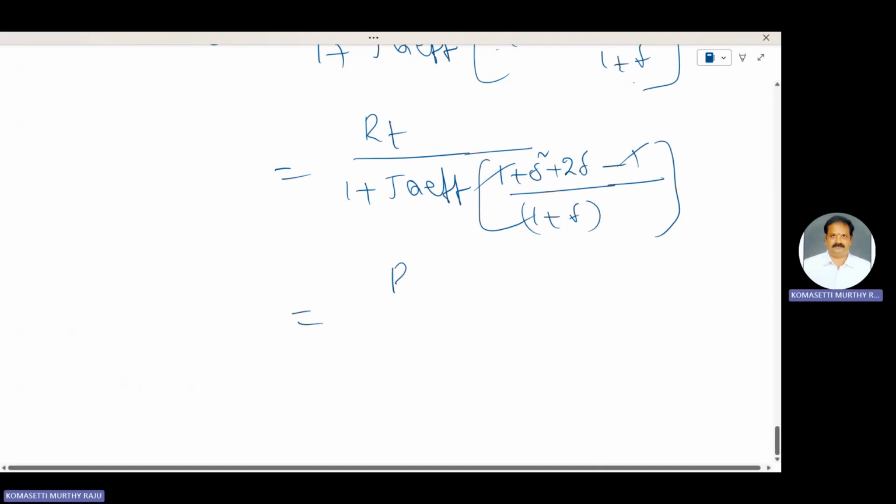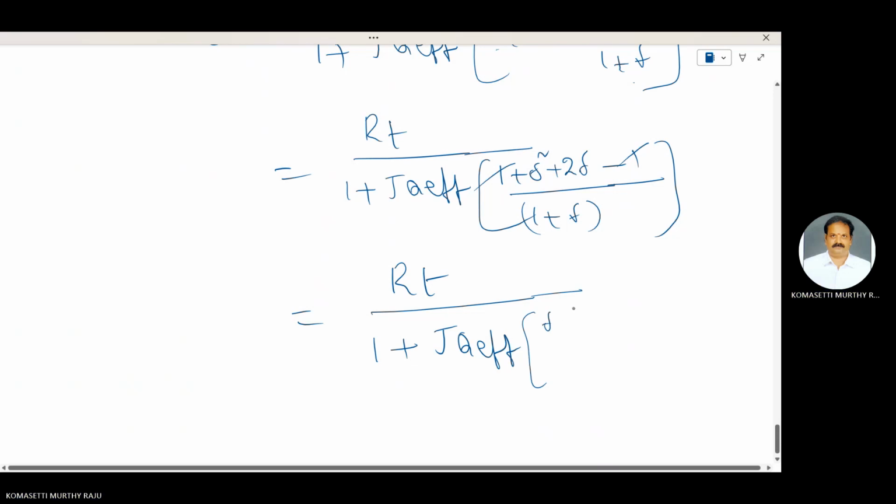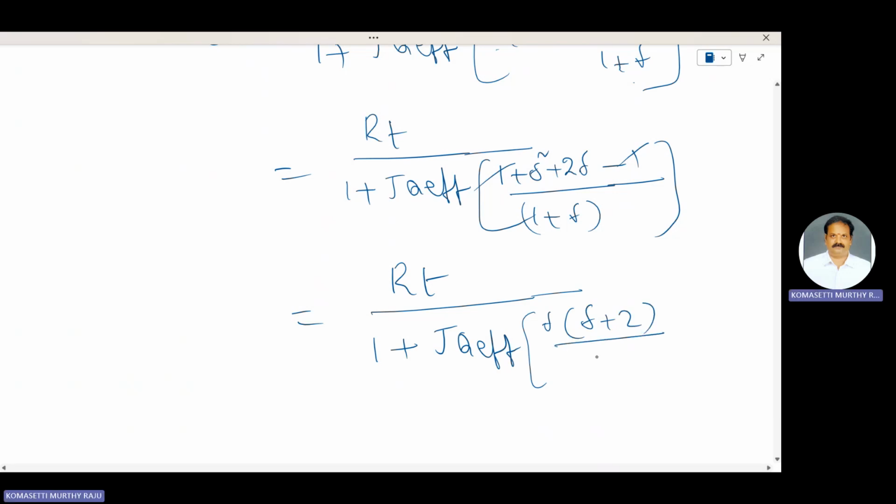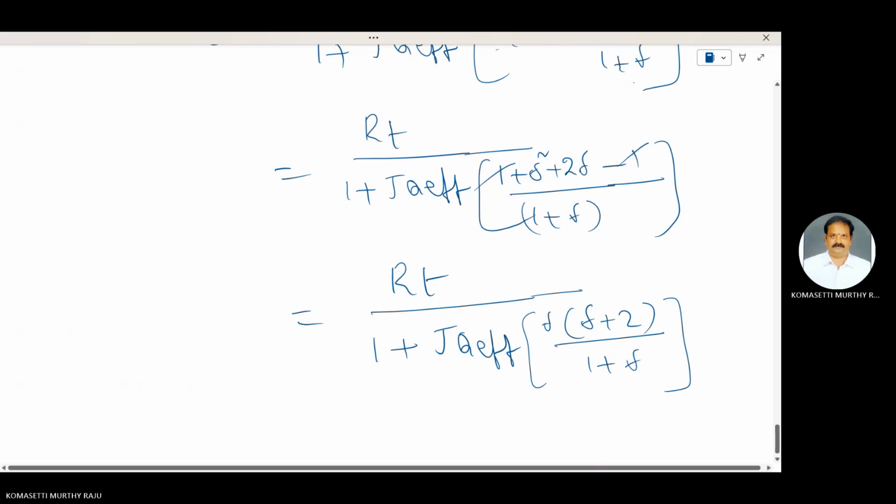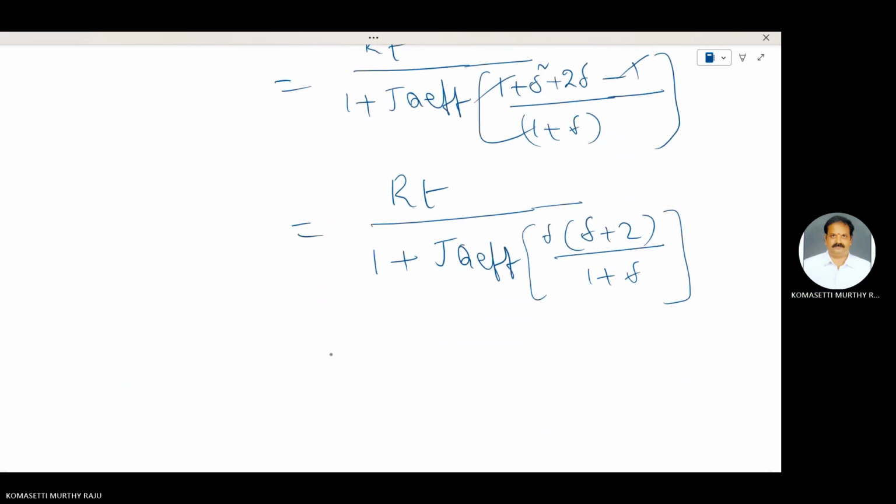That is equal to RT by 1 plus jQ effective. Here δ is the common term: (δ plus 2) by 1 plus δ, into δ.